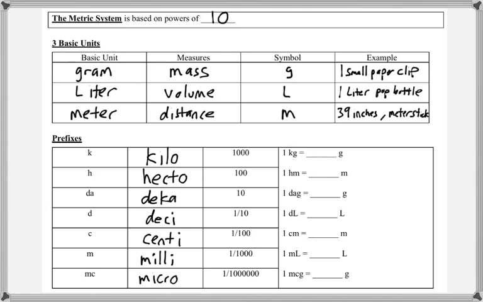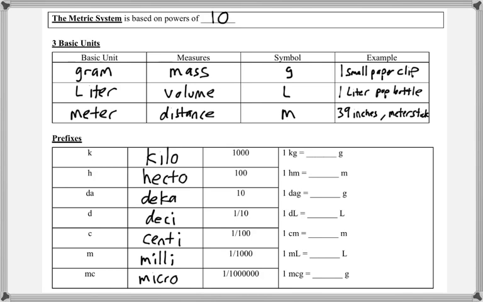A kilo is 1,000 times, hecto is 100 times, deca is 10 times, deci is 1/10, centi is 1/100th, milli is 1/1,000th, and micro is 1/1,000,000th.